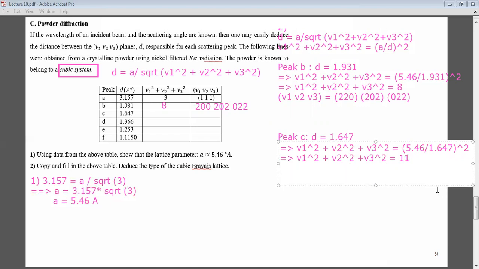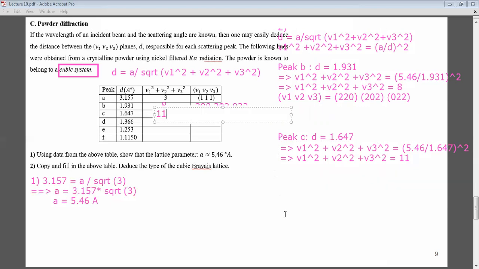So I found this number here, it's 11. And now what are the indices V1, V2, V3?